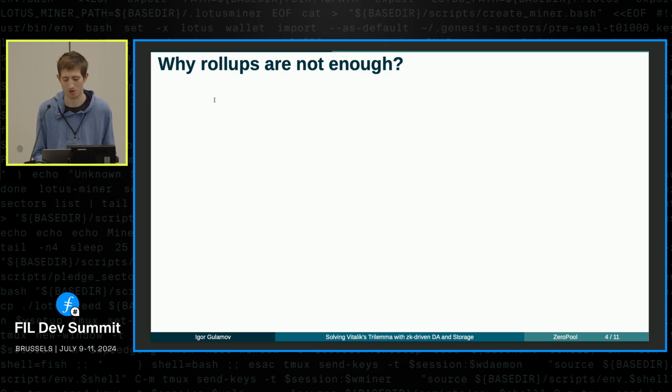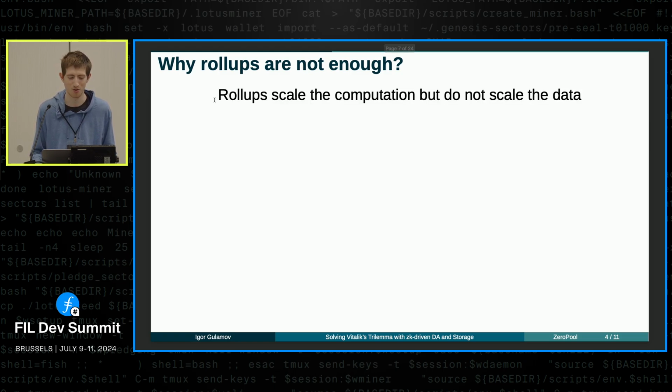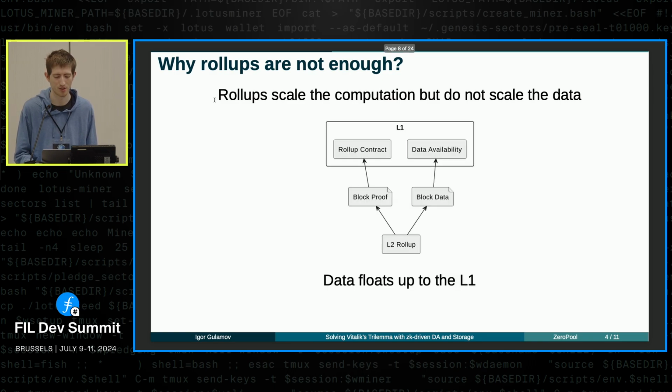So why are rollups not enough? Because rollups scale the computations but don't scale the data. Data flows to L1. If we have a rollup on EVM, we should publish the data of blocks on cold data or on danksharding or on a data availability layer.